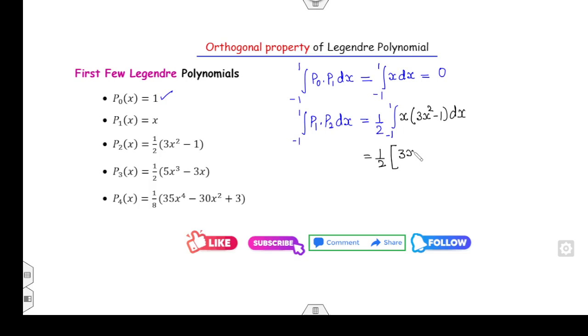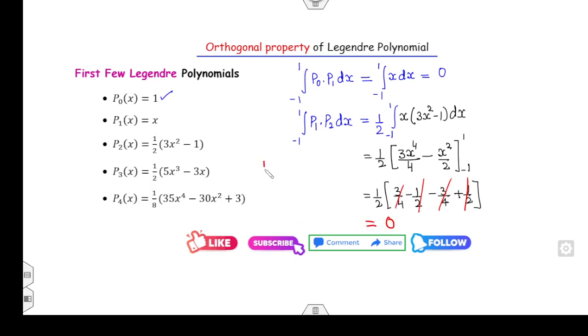Once you integrate, 3x to the power 4 by 4 minus x square by 2 from -1 to 1. If I substitute the values, that comes to 3 by 4 minus half minus 3 by 4 plus half, and clearly half and half cancel, 3 by 4 cancels and so on.